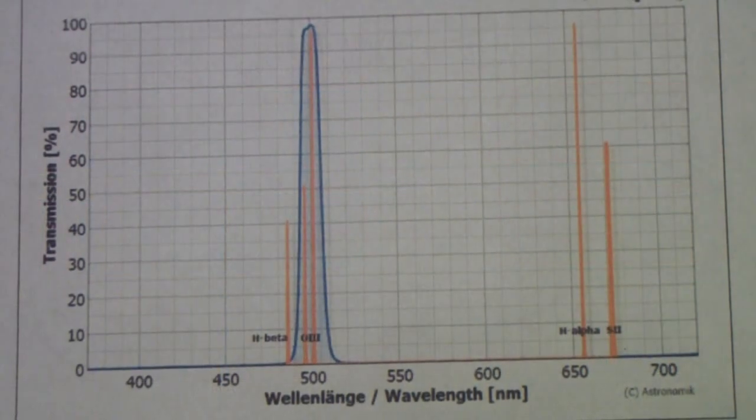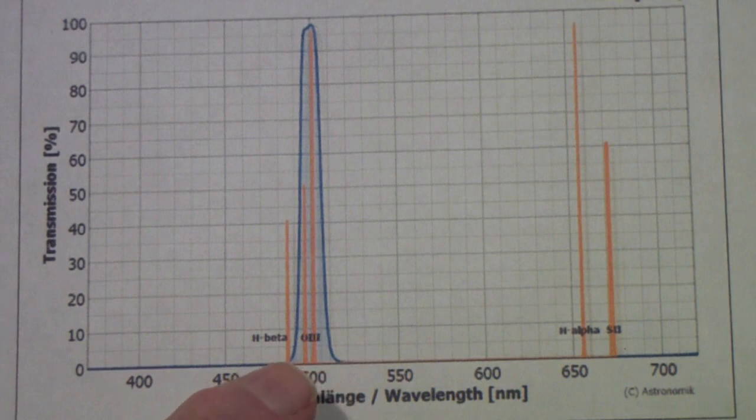One of the filters that we'll look at a little later, a 1.25 inch filter, is an O3 or oxygen 3 filter. Many nebulae emit oxygen 3 lines. And so what this particular filter, this actually is one by Astromania, it's called their O3 filter.